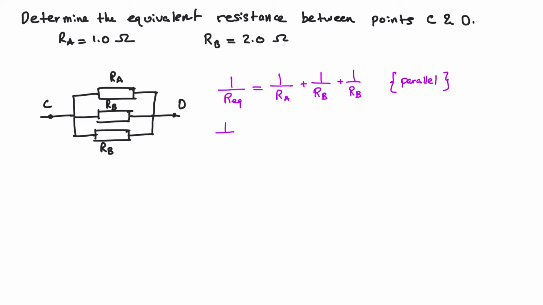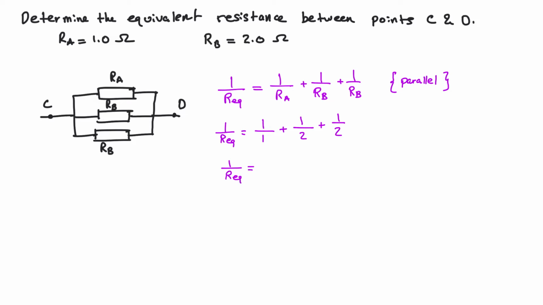Then I'm going to go ahead and solve. 1 over R equivalent is going to equal 1 over RA, which is 1, plus 1 over RB, where RB here is 2, plus 1 over RB again, which is 1 over 2. There's many different ways of solving this.